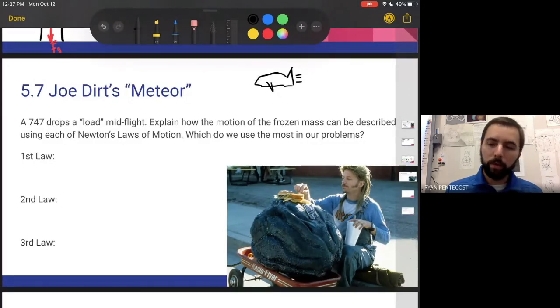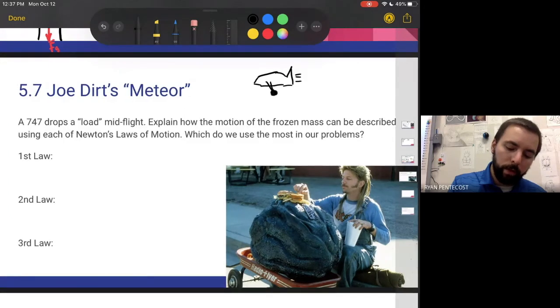Which do we use the most in our problems? So Newton's first law: an object at rest will stay at rest, an object in motion will stay in motion unless acted upon by an outside force. So we've got this plane and it drops the load, right? Now it's going to continue because it has this horizontal velocity, but it's going to have this arc to it, right?